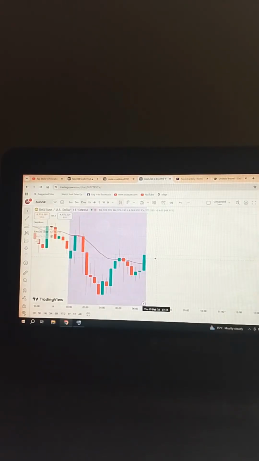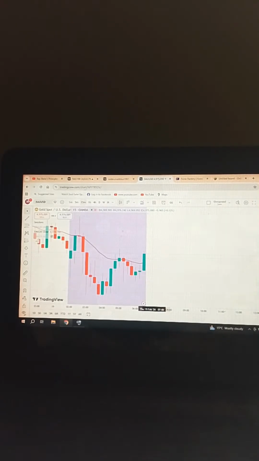This is a trade, guys. We're going to be buying this market right now. We're waiting for the next candle, which opens at 6:45. Exactly at 6:45, we are going to enter this market.